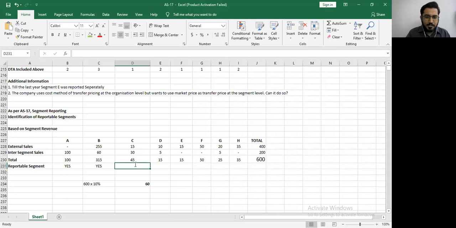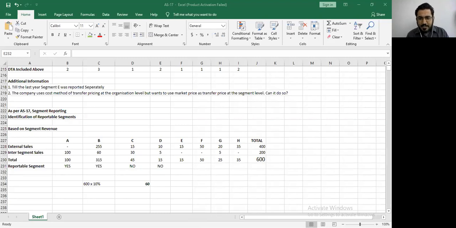Not required. It does not exceed the 10% criteria. What about segment D? No, not required. Again, it does not exceed the 10% criteria that we have set.